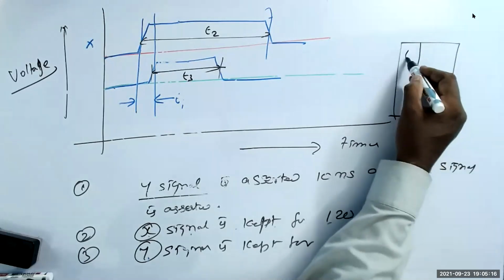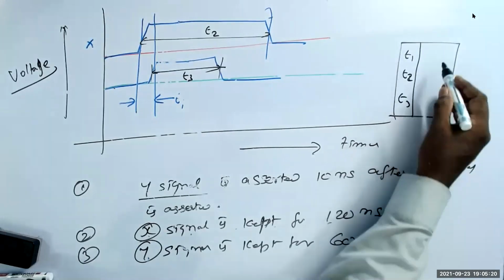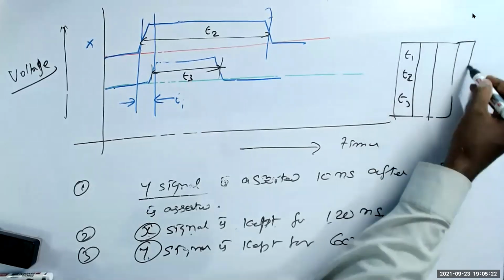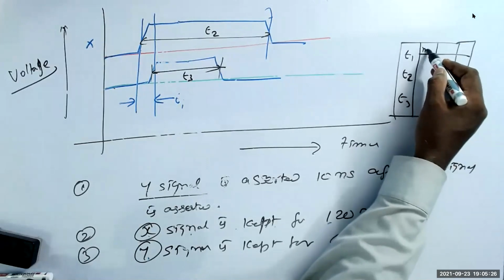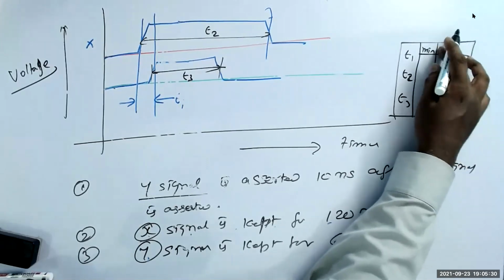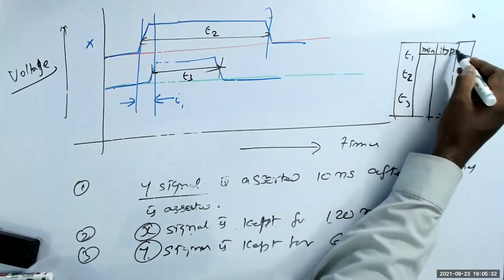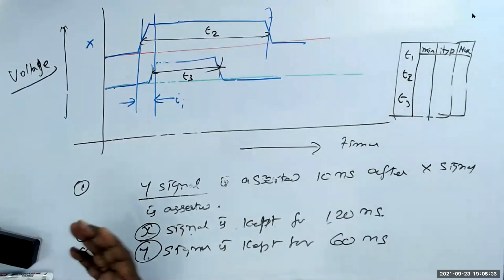In a table, I'll list T1, T2, and T3. Then I have three types: minimum, typical, and maximum. Typical means most of the time you will get this.